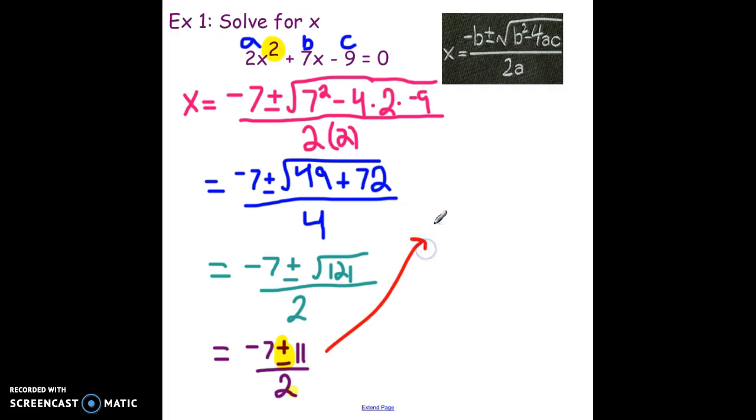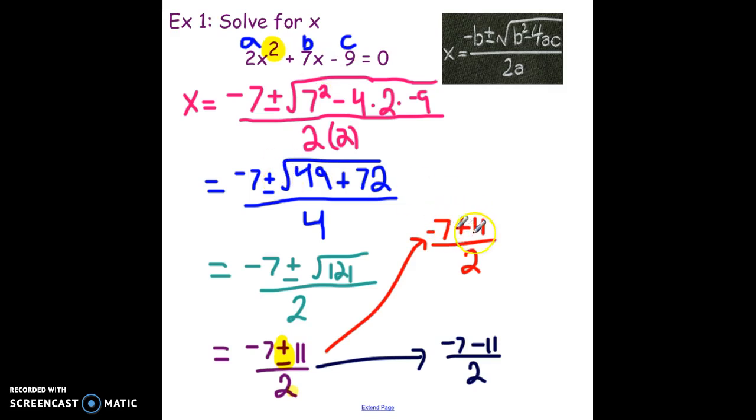We have the answer where you have negative 7 plus 11 divided by 4, and you have the other answer where you've got negative 7 minus 11 over 4. So again, you're always going to have two answers for these.